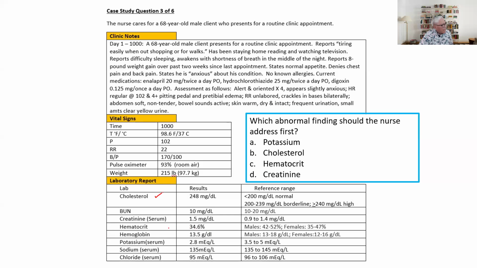This is a male, so it's decreased, maybe because of the hemodilution. Hemoglobin 13.5, potassium of 2.8. This is low, and the sodium and the chloride are basically normal. All right, which should be addressed by the nurse first? Which abnormality is going to have to be addressed first?